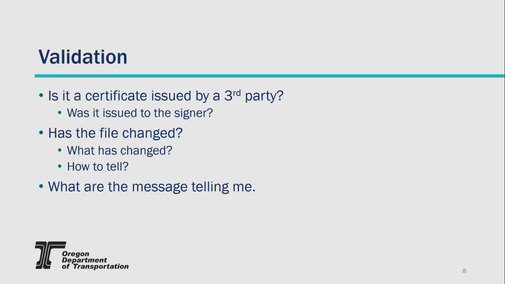It used to be, back when we originally started using digital signatures in ODOT, that once it was signed, basically no changes were allowed to that file. And that's changed. So if you're using Adobe products or Bluebeam and you're looking at a file, you may come up with a message that says that document has changed, but it's a minor change.